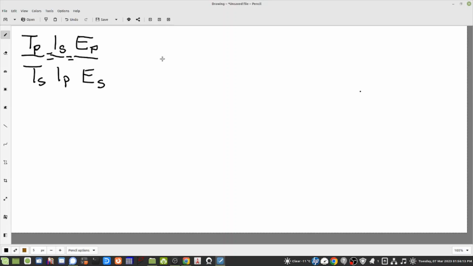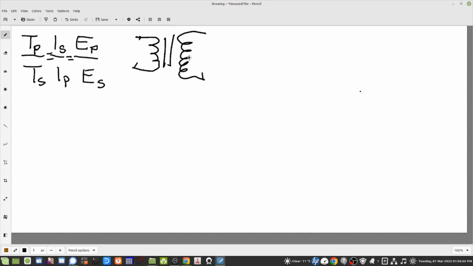Okay, so to start, let's draw a picture of a transformer, or a symbol anyways. So here's a transformer. Put some iron core in here. Generally, the two lines here mean an iron core transformer, where if there's nothing in there, it means it's an air core.